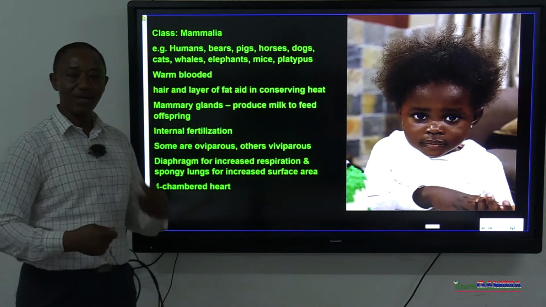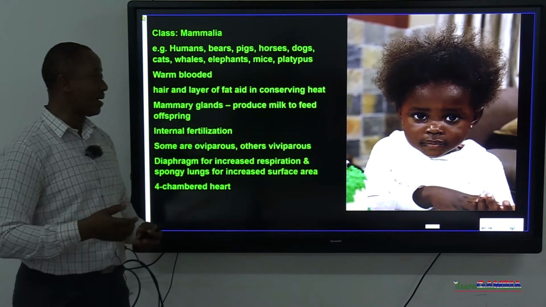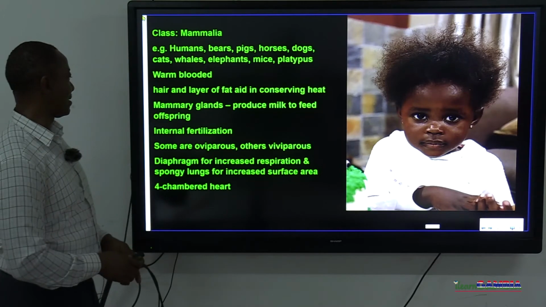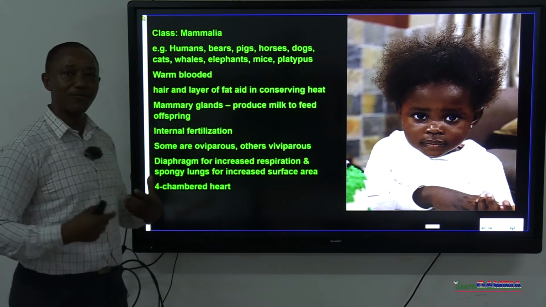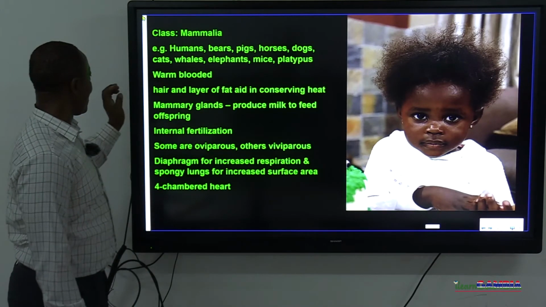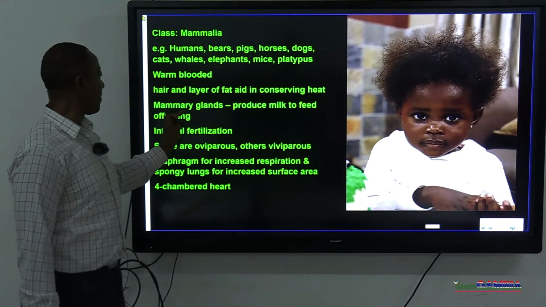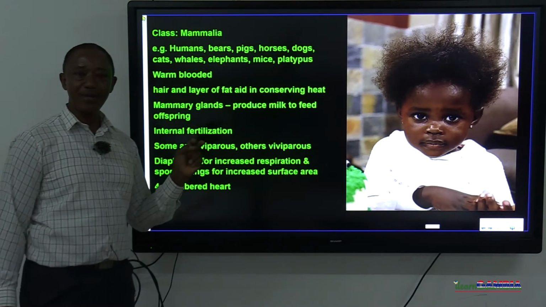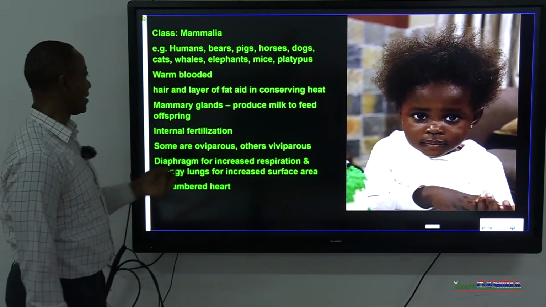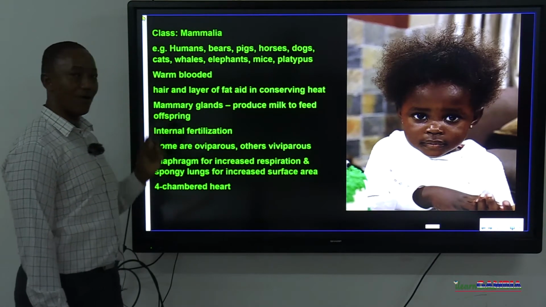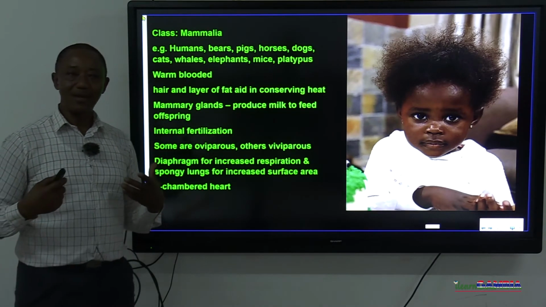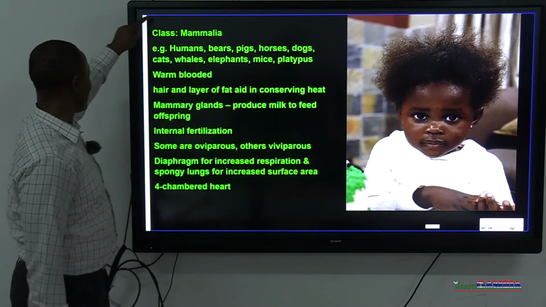Our body can undergo chemical reactions that produce a lot of heat, and the body is able to conserve that heat so that it's capable of keeping us warm. We got our name from mammary glands. The females possess these mammary glands that produce milk to feed the offspring. So this is where we got the name mammals.